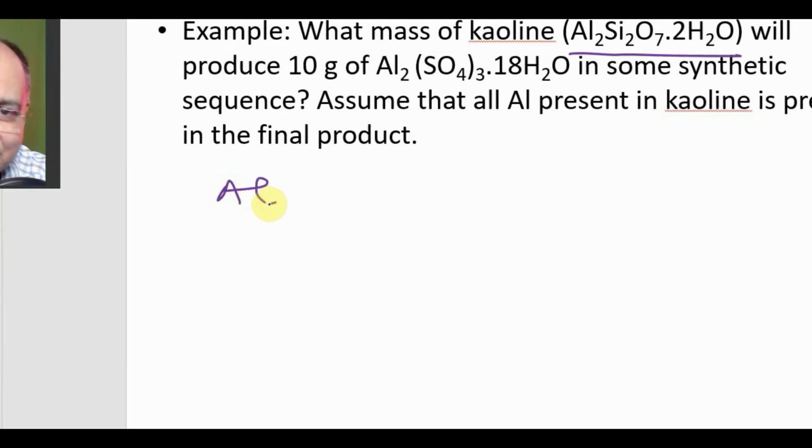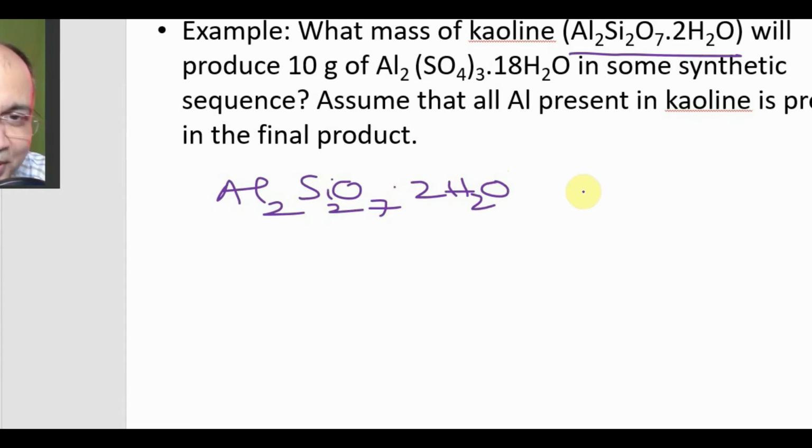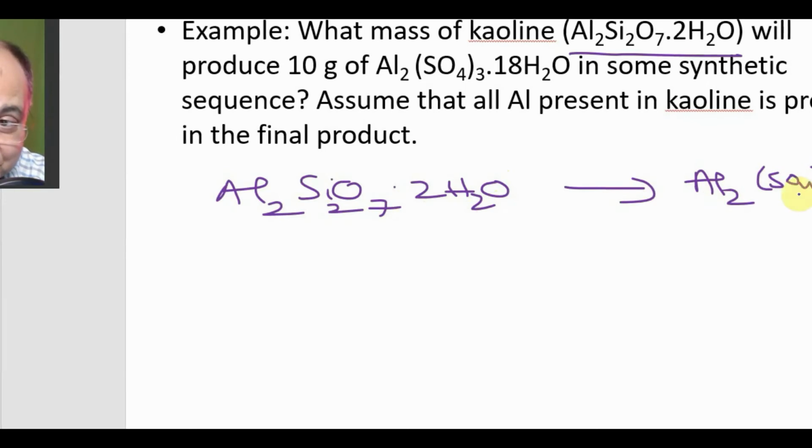Let us write down a representative equation. It's not a full chemical equation. We are just planning a schematic representation to give you Al2(SO4)3 dot 18 water. That is after crystallization, right?